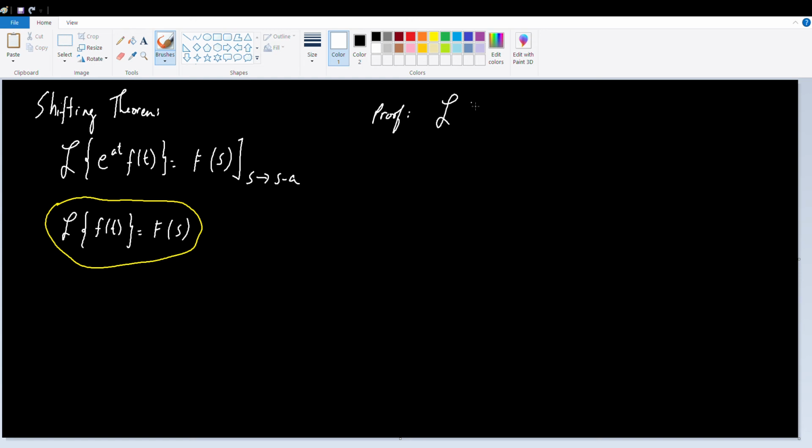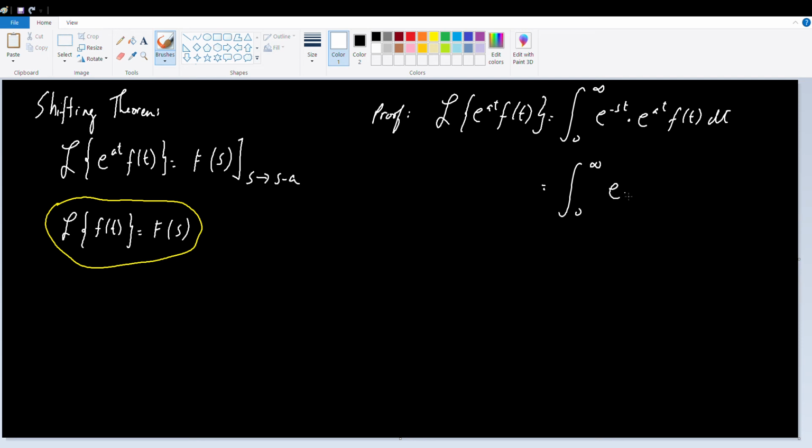So let's go over the proof. The Laplace transform of e to the at f of t, using the definition of Laplace transform, is the integral of e to the negative st times e to the at f of t dt. And we can combine e to the negative st and e to the at as e to the negative quantity s minus a t, f of t dt.